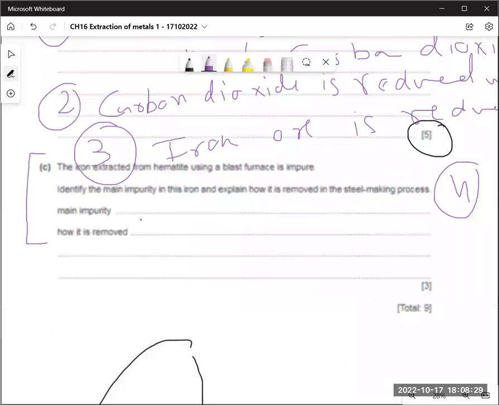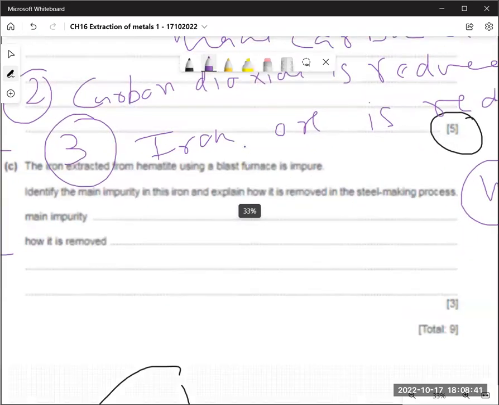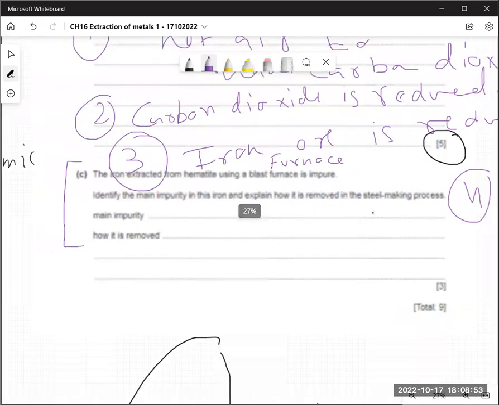Diana, read the question. Iron extracted from hematite using a blast furnace is impure. Identify the main impurity in this iron and explain how it is removed in the steel making process. Okay. Now you have to write this one more time.